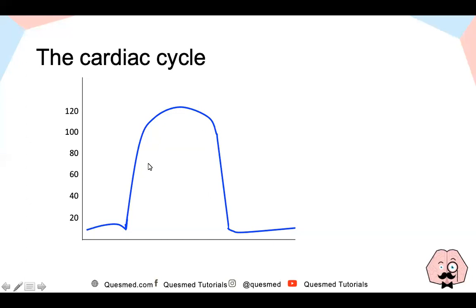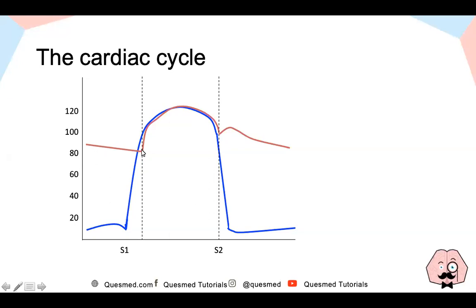So the next part that we can add in here, now that we've got the left ventricular pressure, is the aortic pressure. The aortic waveform is probably the easiest one to think of, because we know the systolic blood pressure is usually about 120, and the diastolic blood pressure is usually about 80.